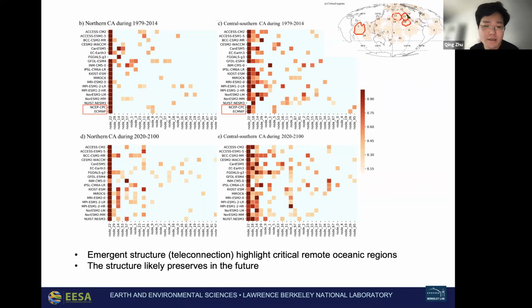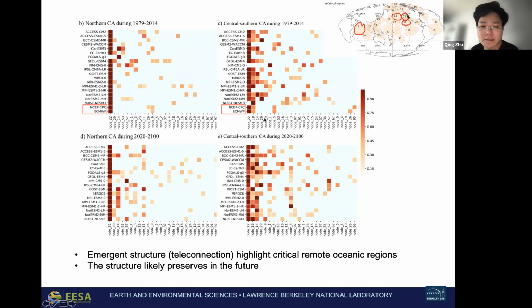So here is the example, the causal structure between California precipitation and some remote oceanic regions, those different nodes. And the highlighted nodes there have more influence on the California precipitation, either directly or indirectly. So the actual structure is more complicated than I show here. There are substructures within this directional control.